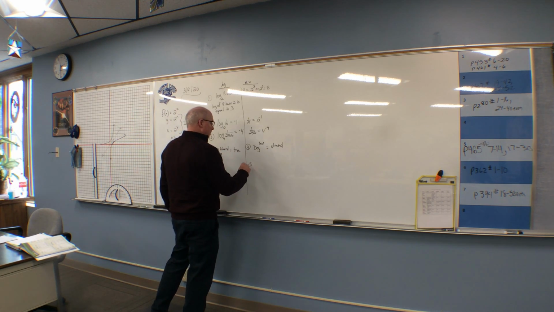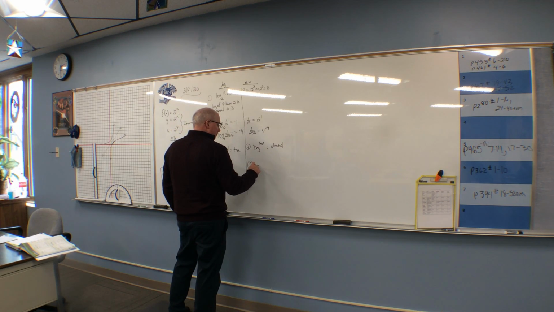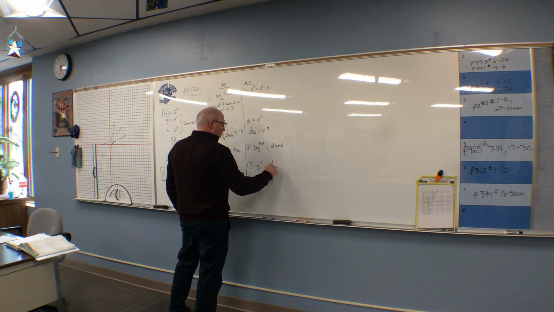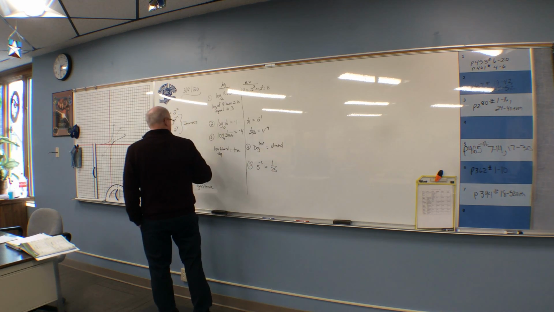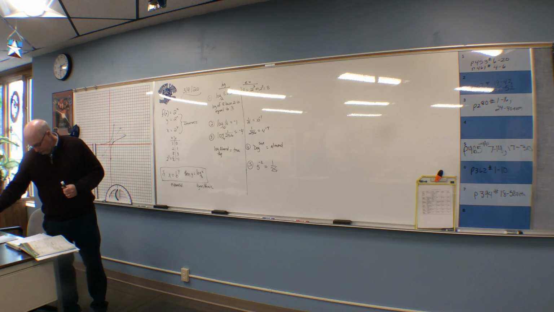Now you do this one. 5 to the minus 2 power equals 1 over 25.